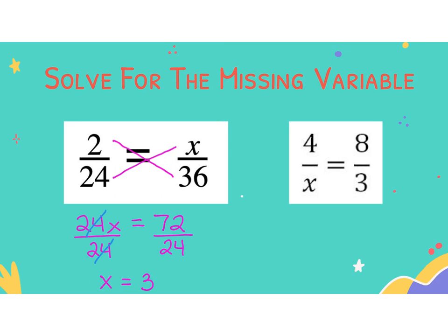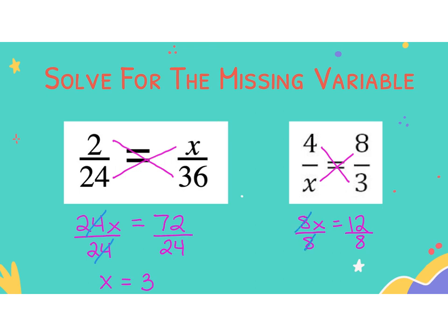In my problem on the right, I will again cross multiply to create an equation. I'll cross multiply 8 times x, and that equals 4 times 3, which is 12. I will divide on both sides of my equation by 8 to get x by itself.